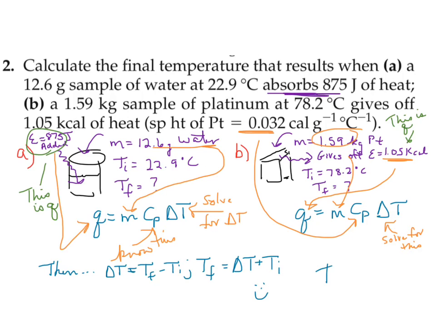So you're going to have a similar approach. You have Q, you have m, you have C sub P, you don't have delta T. You can solve for delta T, and once you have delta T, remember the relationship between delta T and the final and initial temperatures. Some problems go after the initial temperature instead of the final temperature. These are both going after the final temperature.